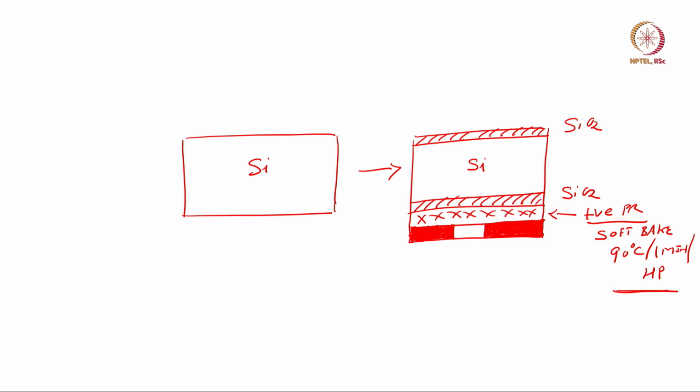Now, what we have here is the mask. What kind of mask? Dark field mask, and once you perform soft bake, you can expose this using ultraviolet light. So, UV light exposure.